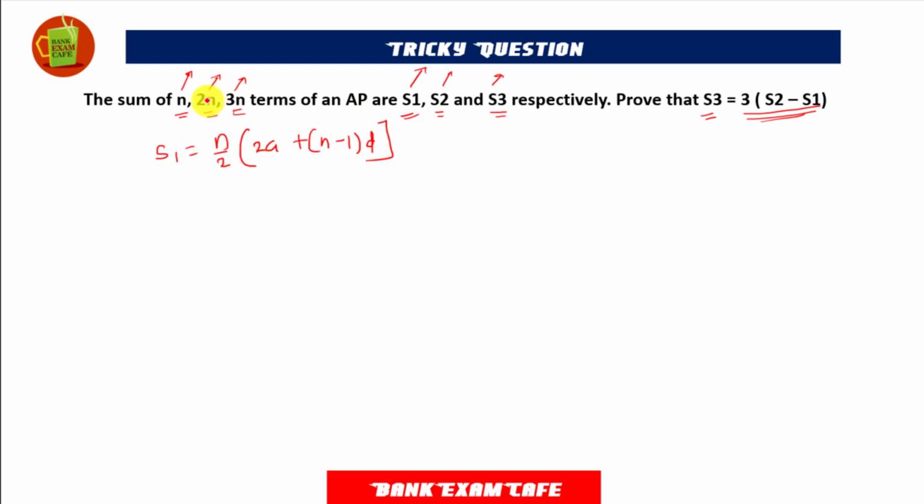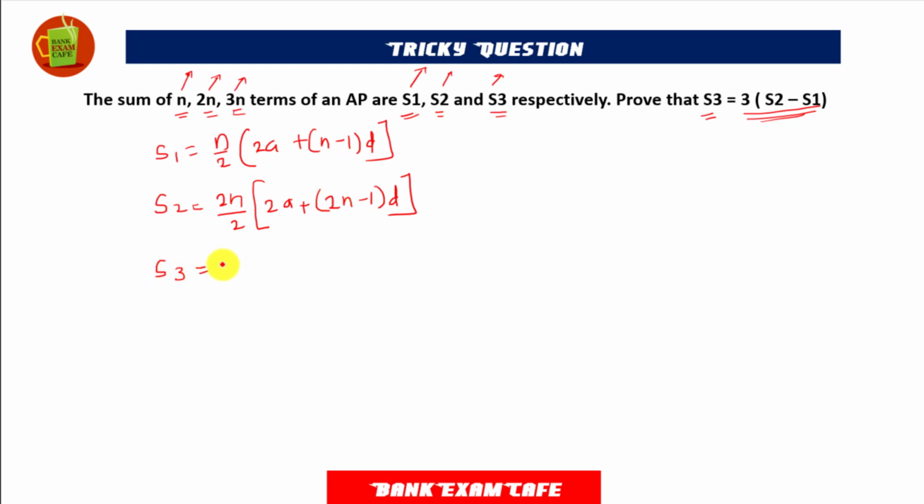Now the sum of the 2n terms is denoted by S2, and therefore S2 will be equal to, how many terms are there? 2n terms are there. So it will be 2n by 2 into bracket 2a plus bracket 2n minus 1 into d close the bracket, because the number of terms is n minus 1, but n here is 2n.